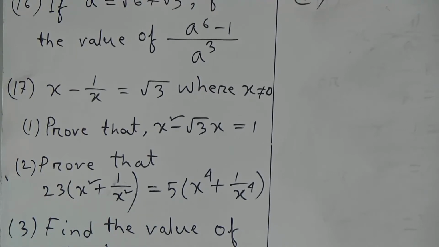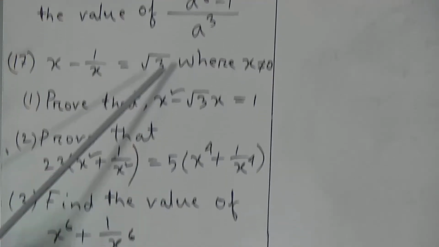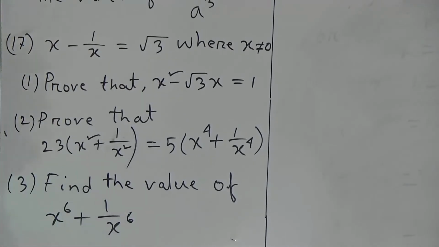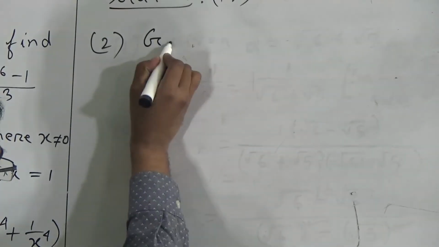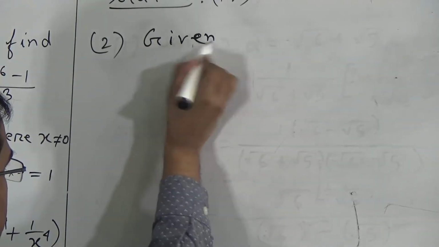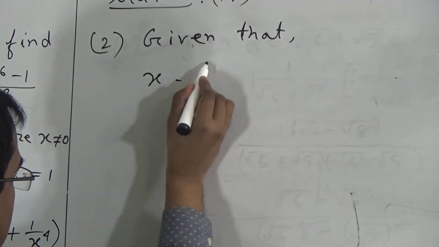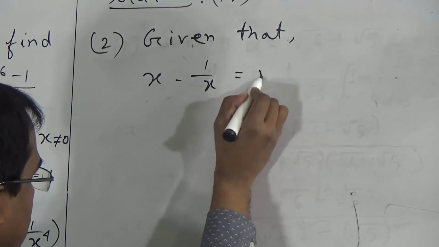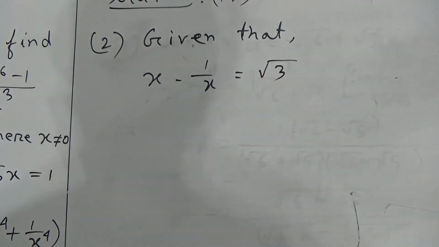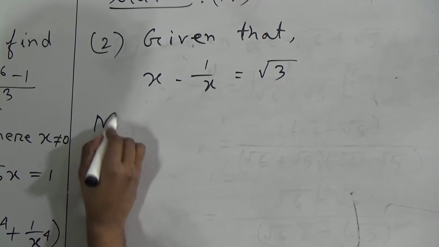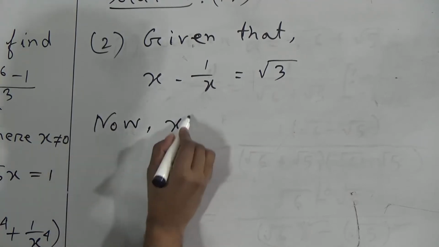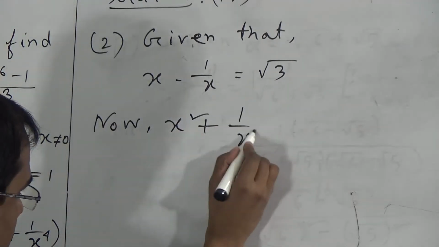Okay, at first we will find out the value of x square plus 1 by x square. Here given that x minus 1 by x is equal to root 3. So at first we will write x minus 1 by x equal to root 3. Now x square plus 1 by x square.